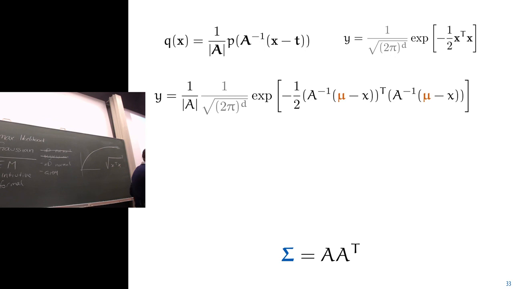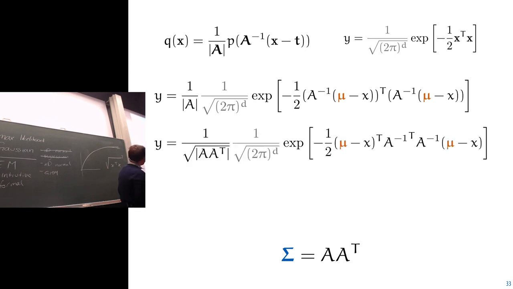Sorry, I've messed this up slightly here, but we equate mu with t, and we equate sigma with A times A transpose. We'll see later why that is. So mu is just the same as t. It's the translation part of this transformation.